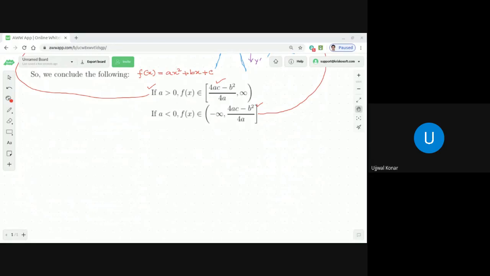So what to do, that we are going to discuss now. So range in restricted domain. That means what? Here x does not belong to R, whereas x belongs to an interval d comma e.